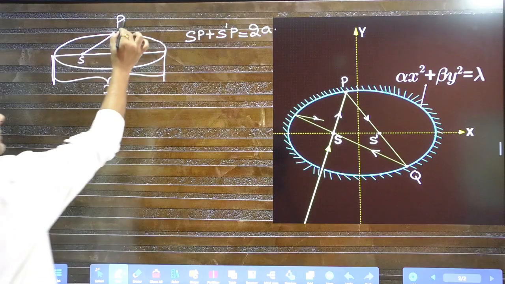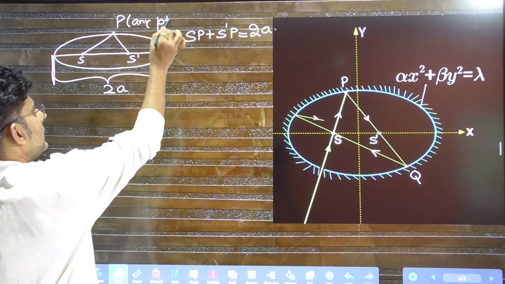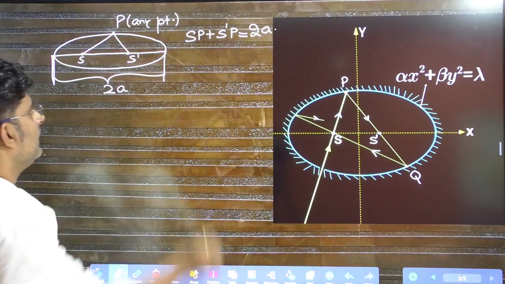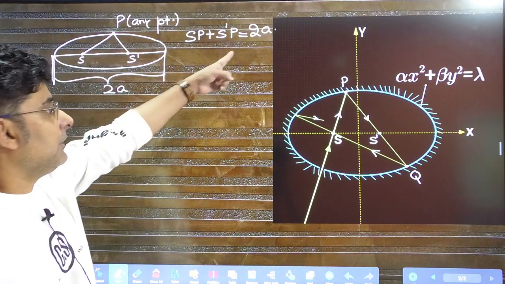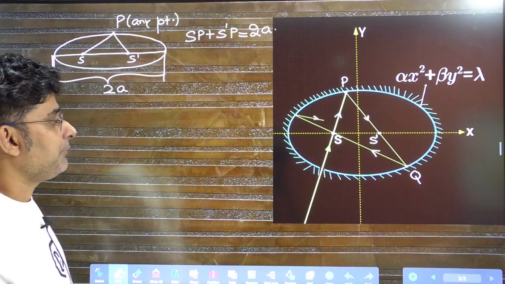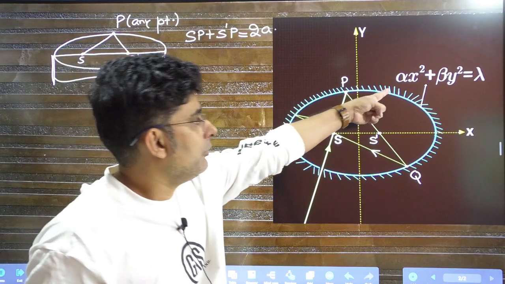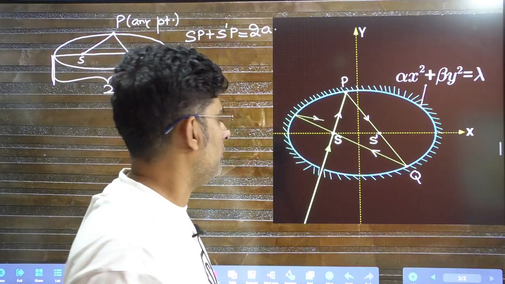So P is any point on the ellipse. This is a property everyone should know: for any point on the ellipse, the sum of the distances from the two foci equals 2a. Now how to get the value of a from here? Very simple. If you see the equation of the ellipse given, alpha x square plus beta y square equals lambda.